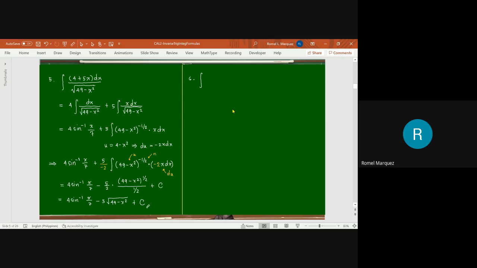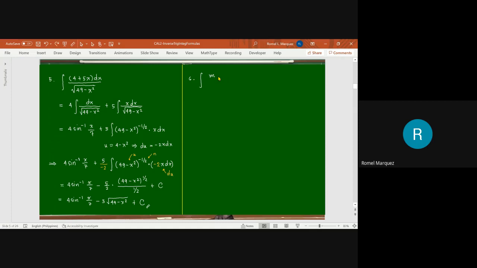And so, let's have another problem. We have m, the variable is m. Very seldom do we have m as the variable.